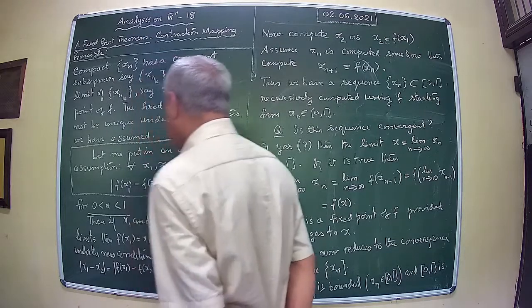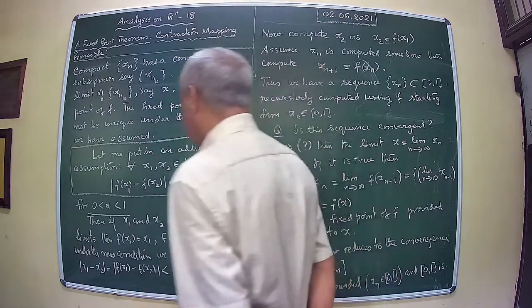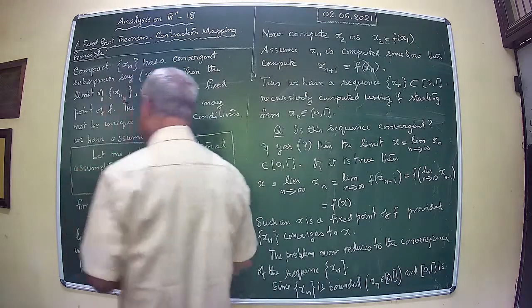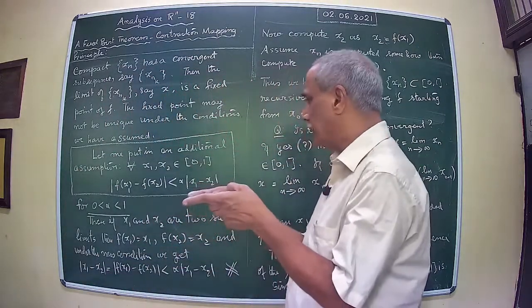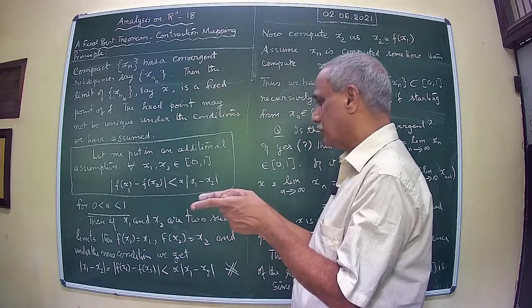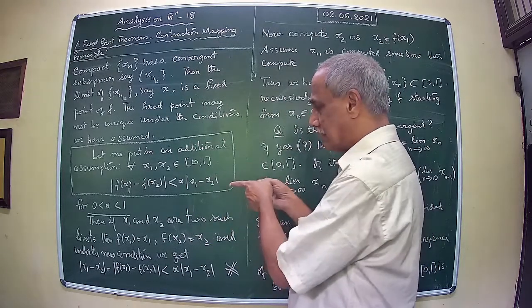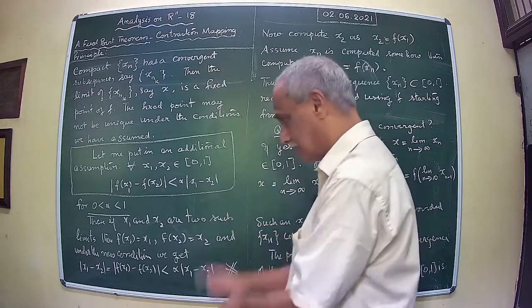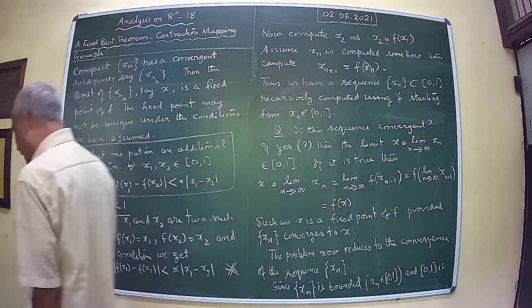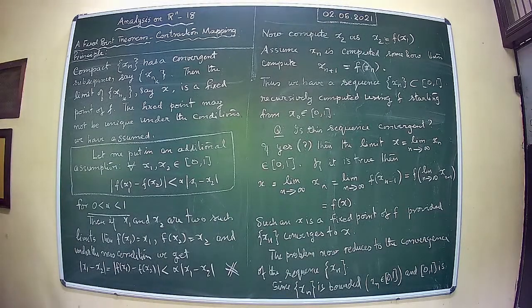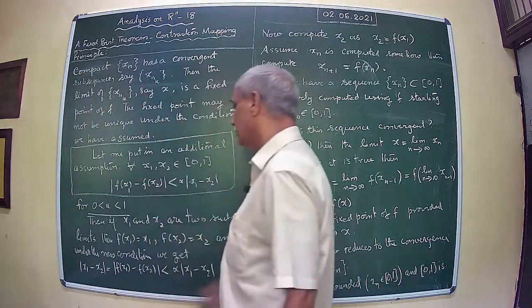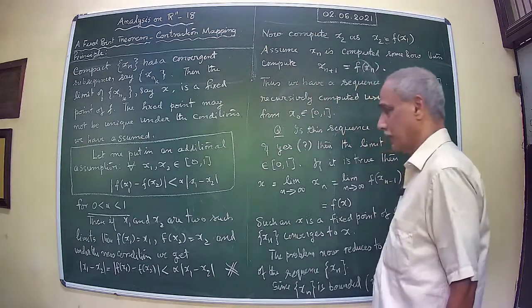Therefore, these are the image points of x1 and x2. The distance between the image points is strictly less than the distance between the points that you have started with, for every x1 and x2 belonging to this set. This is what is called a contraction.